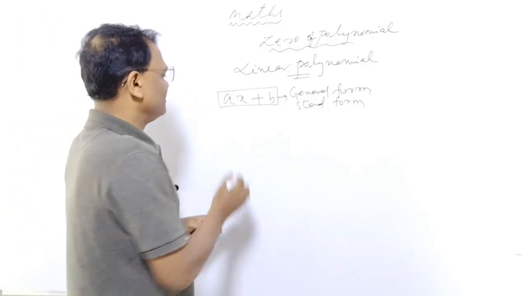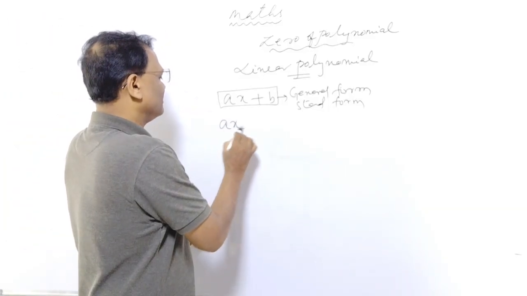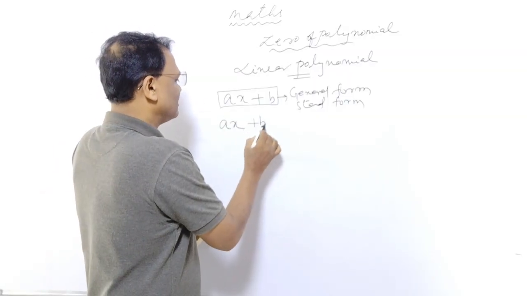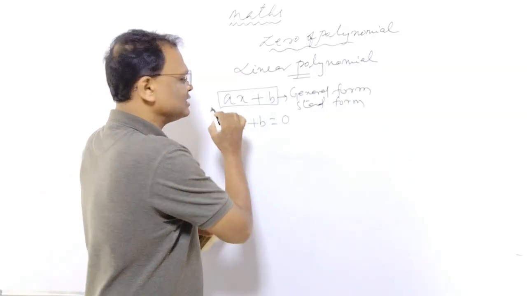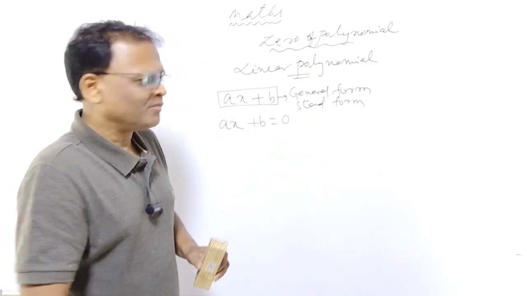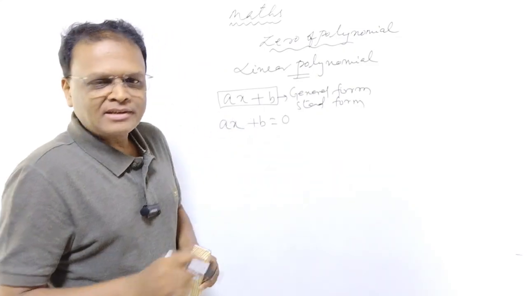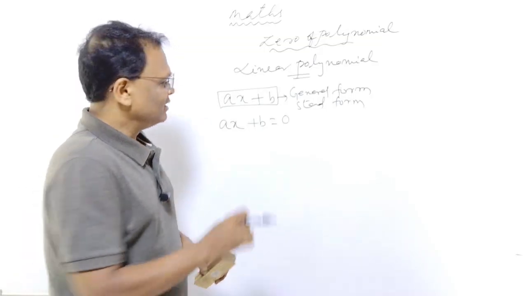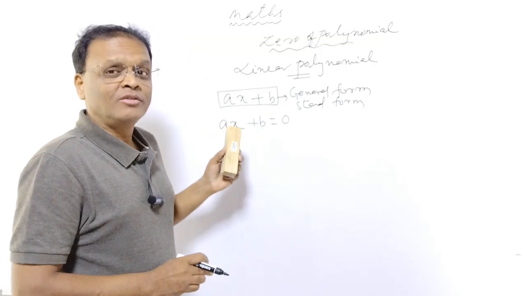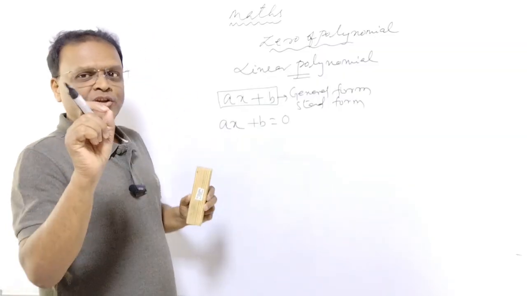As I told you, whenever you are finding the 0 of any polynomial, you just write that polynomial equal to 0. Very important, keep in mind. Whether it is linear or quadratic, you write the given polynomial equal to 0, because I want to find the value of x. Why do I have to find the value of x?